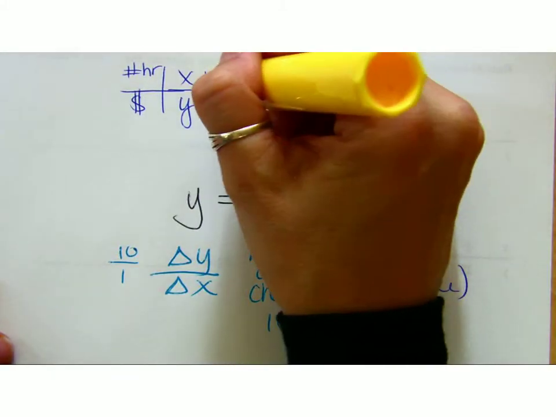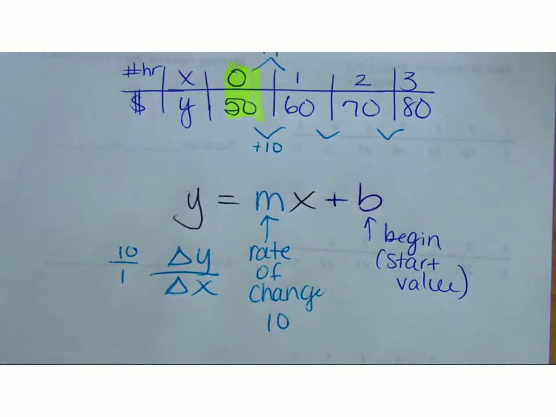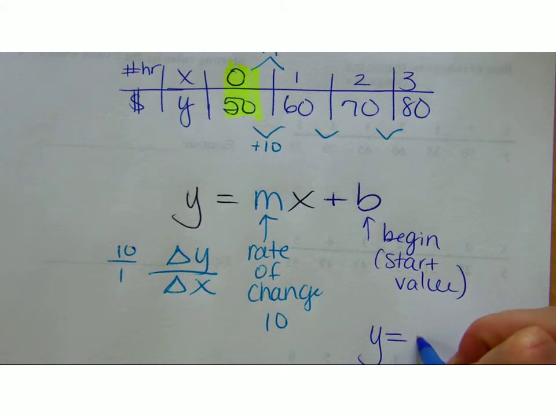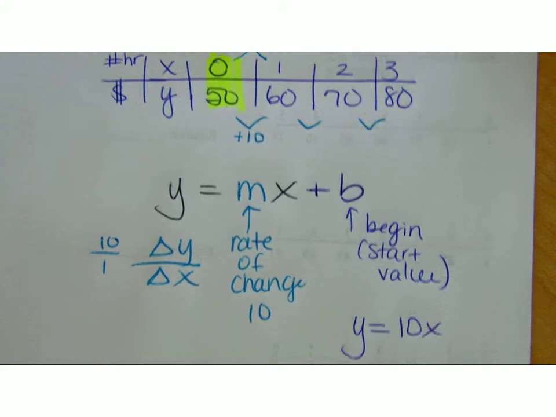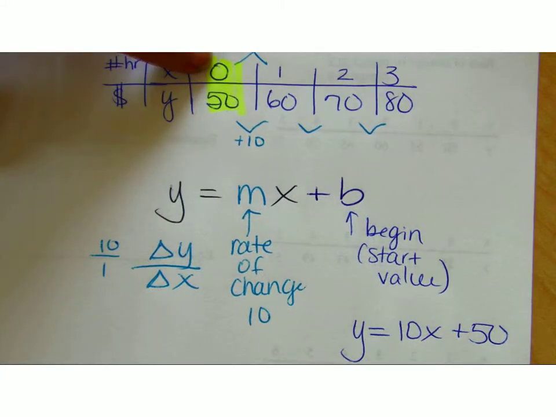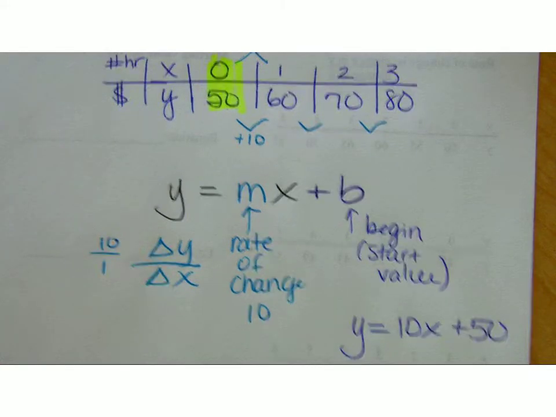So if I were to write an equation from this information in the table, what would it be? How much are you making an hour? $10 an hour. And what did you begin at? 50. Got it?